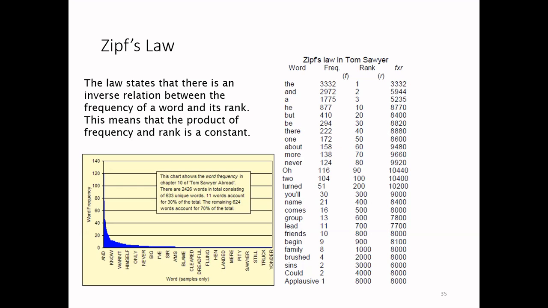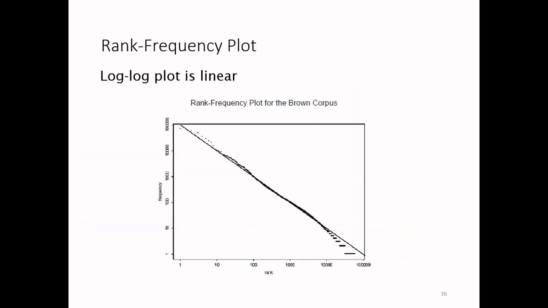The Gibbs law says that there's an inverse relationship between the frequency of a word and its rank, and if you multiply them, you should end up with some kind of constant. That is also shown in this graph, and if one plots rank against frequency on a log scale, it will come out to be a linear plot.